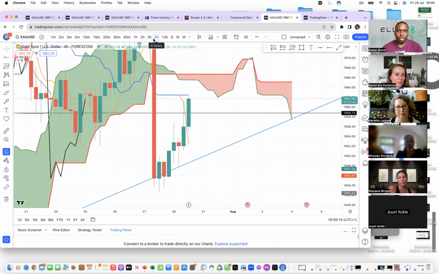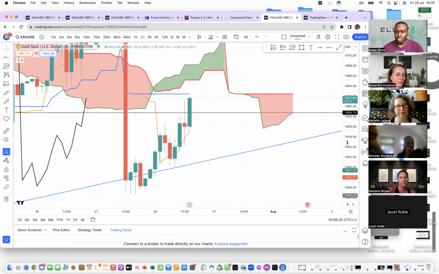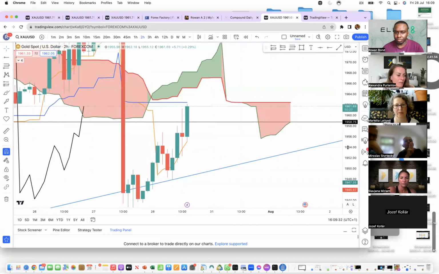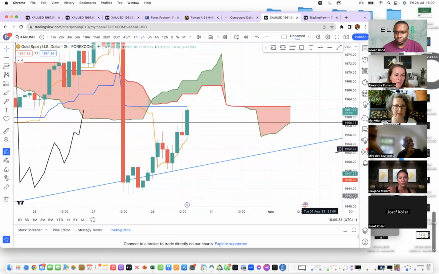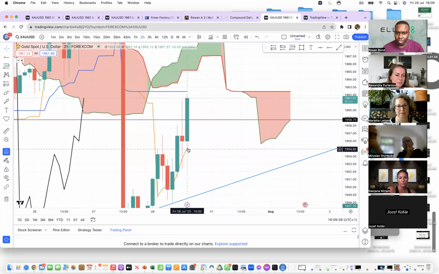Okay, so from the 4-hour, I don't really use the 3-hour so much for the cloud. I'd go to the 2-hour, and this gives you a better idea. You see what happened? This candlestick came with its wick to the orange line and then is now buying to the blue line.